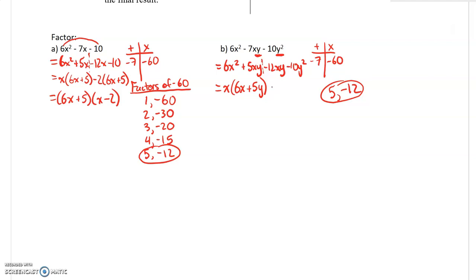On the other side, I can common factor again, you would think just a 2, but now we also have a y that we can common factor. That's going to give me 6x, and I'm going to be left with plus 5y. If you expand that back out to check it, it gives you negative 12xy minus 10y squared. So now we have a common factor here and here, and so we can write this out just as we've done before: 6x plus 5y and x minus 2y.